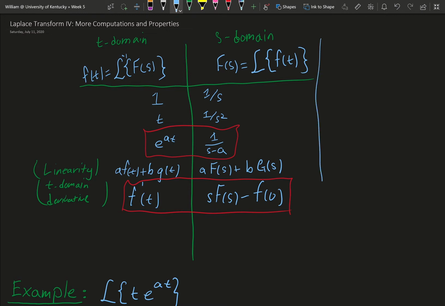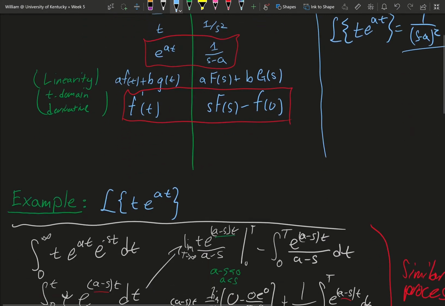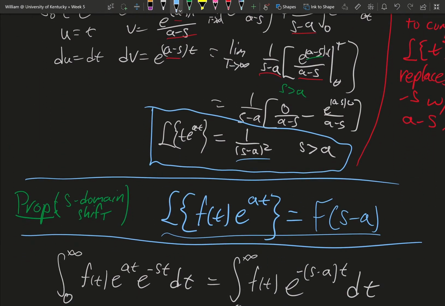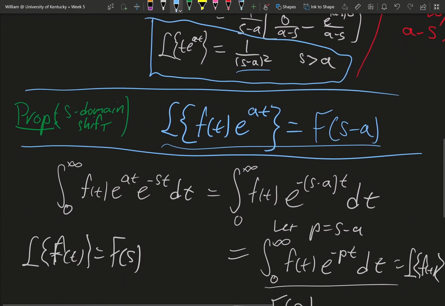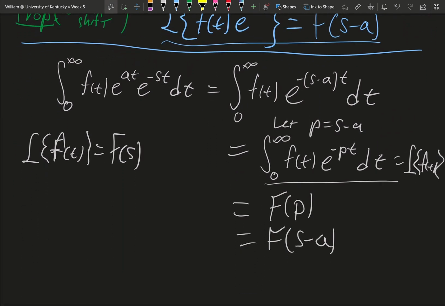And now this new rule says that the Laplace transform of t times e to the at is just the Laplace transform of t, which is 1 over s squared, except I'm replacing s with s minus a. And if we look at that, we see that is exactly what we got. So yeah, it's a really useful thing. It means that having something multiplied by an exponential is really not that bad.